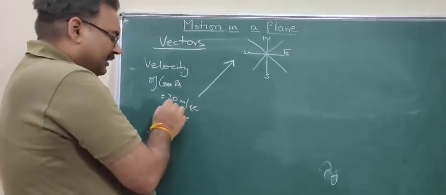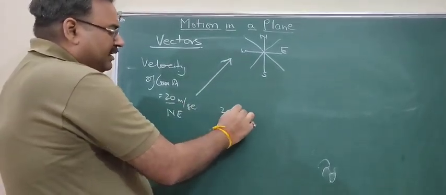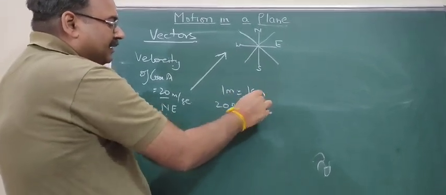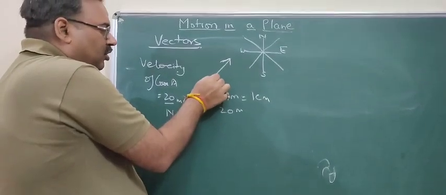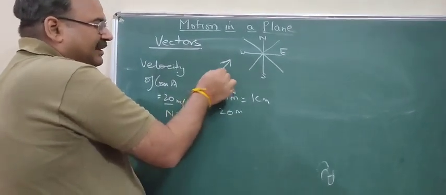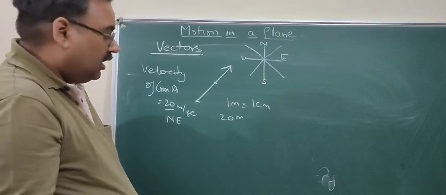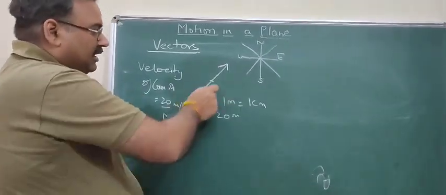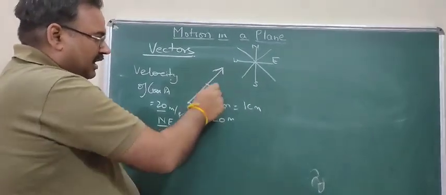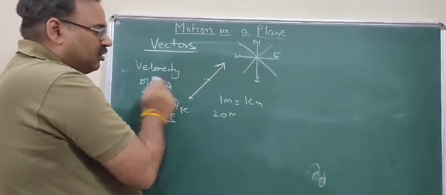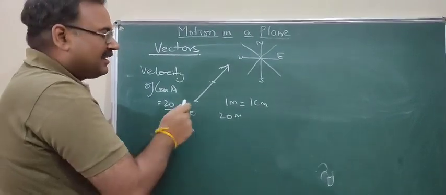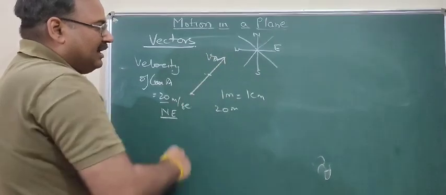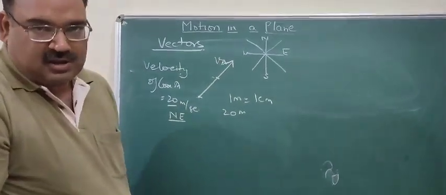We will take 1 meter equal to 1 centimeter, and we will draw a line of 2 centimeter along northeast. So this arrowhead is along northeast, and this magnitude is of 2 centimeter. It represents the velocity of car A, VA, in direction northeast.